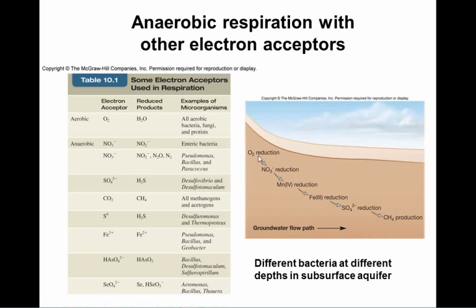And bacteria will use different inorganic electron acceptors in order to perform anaerobic respiration. So they use the best electron acceptors first, oxygen, then nitrate, then manganese, then iron, and then sulfate. And then at the very end of the chain, carbon dioxide can be used as an electron acceptor for the production of methane.